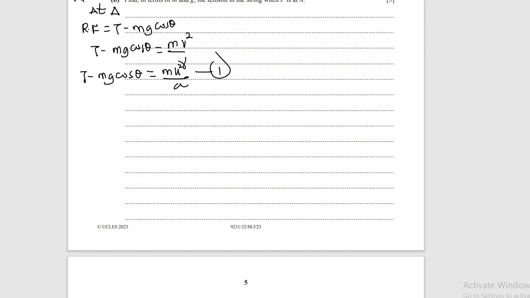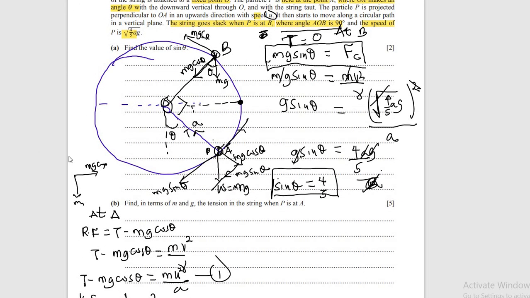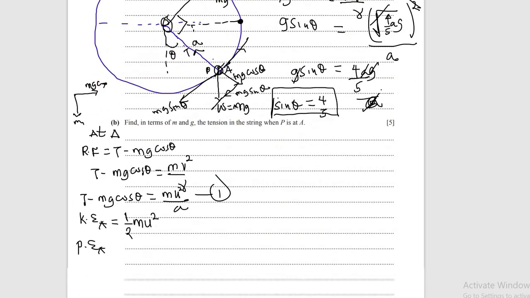At the same time at A, the kinetic energy at that point is half mv squared. That's half mu squared. Potential energy at A is below zero, so it's negative.